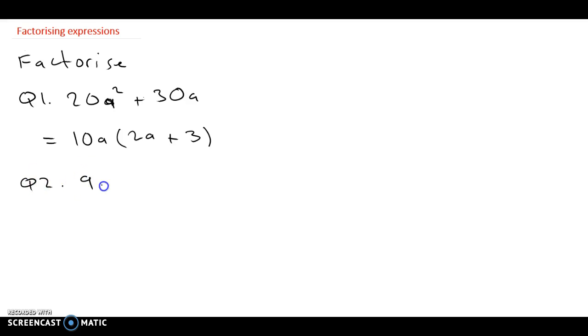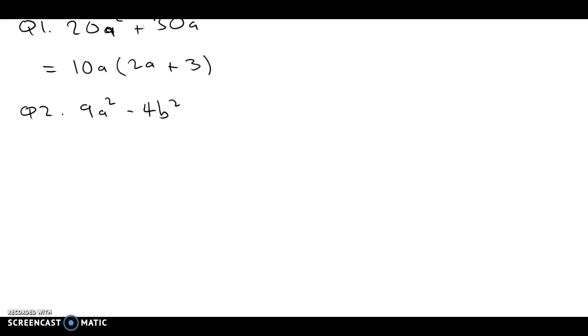Factorise 9a squared minus 4b squared. Now, this expression that we've got here is actually what's called a difference of two squares, or sometimes a difference of perfect squares.